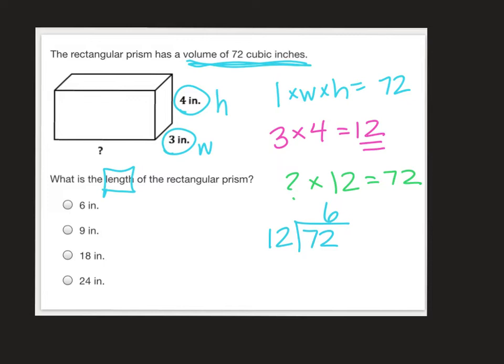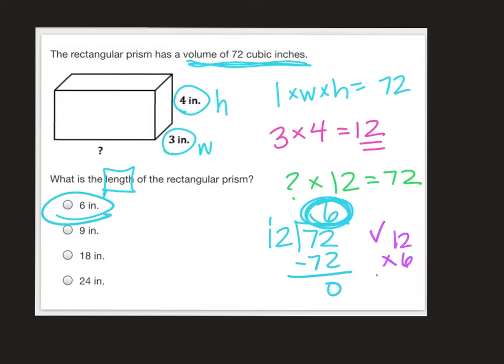And if I do 6, 6 times 2 is 12. 6 times 1 is 6, plus 1 is 7, and you subtract. So that tells me that 6 is my other number. I'm going to go ahead and circle that answer. You could also check it if you wanted to and say, okay, well, 12 times 6, does that give me 72? And it does. So 6 is definitely your answer on that one.